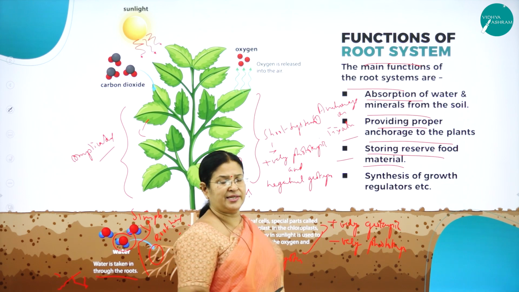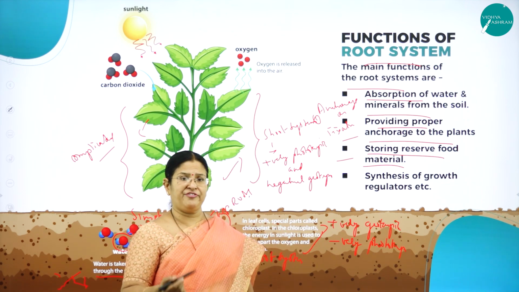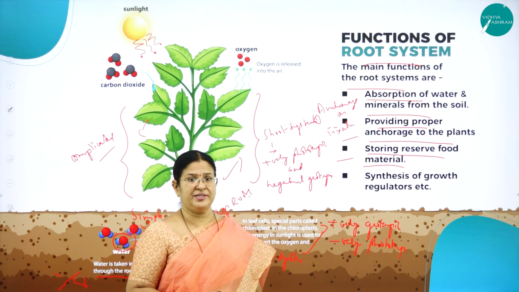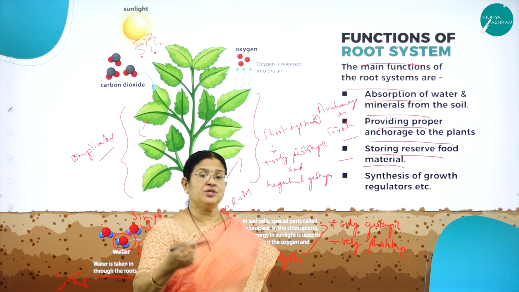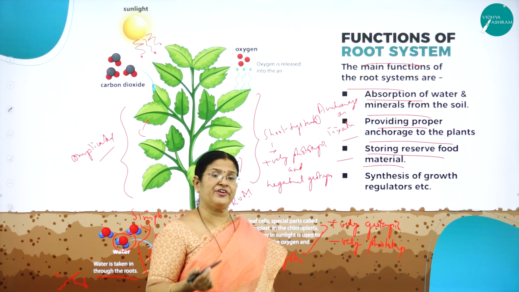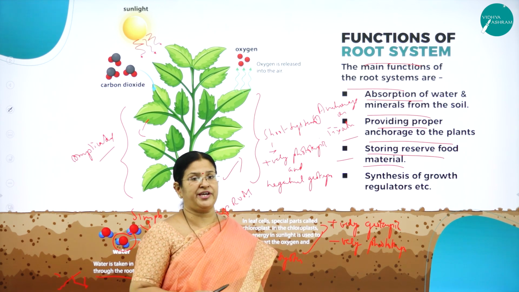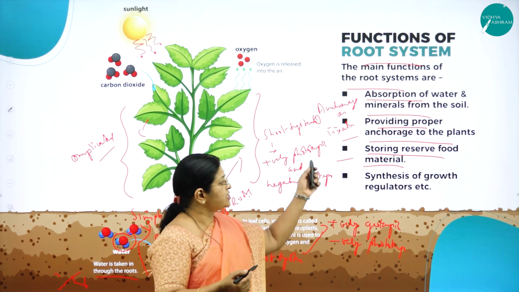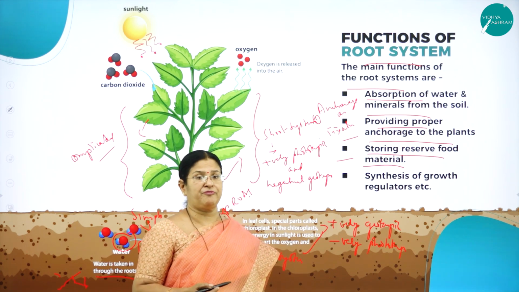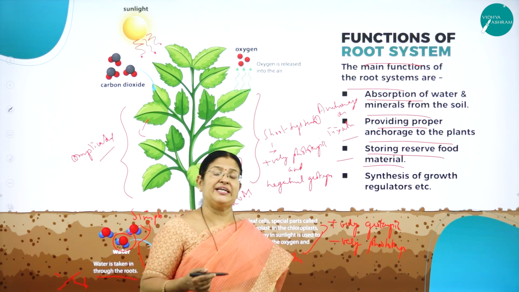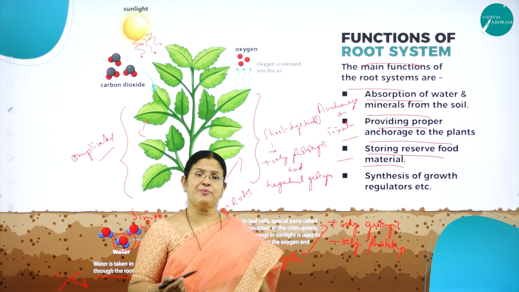For example, as I said, some of the roots get modified, like for example, carrot, beetroot. Right? So what are they? They are nothing but modifications of the root system. Modified for what? Modified for food storage. So besides these functions, if at all they want to perform some special functions, they get themselves modified. What do you mean by modification?